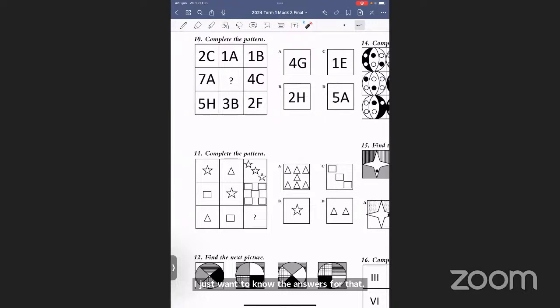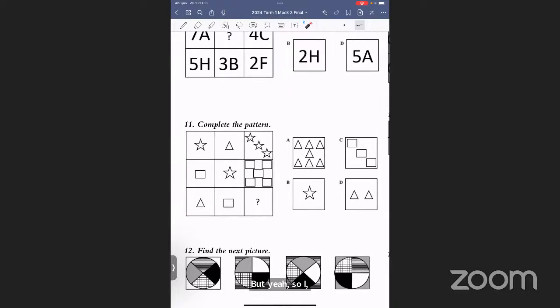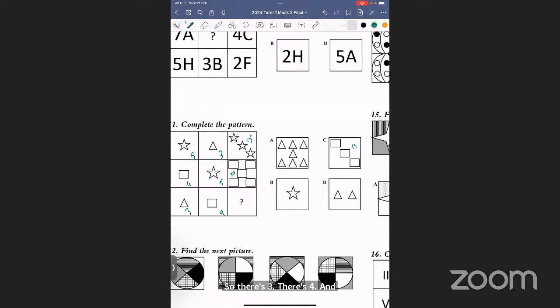So 11, the pattern is essentially, if you take a look, there's 1, 2, 3, 4, 5 points here, right? 3 points here, and there's 15 points here. There's 4, there's 5, there's 20, so there's 3, there's 4, and there's 15. Sorry, 12. Do you understand? Yes.